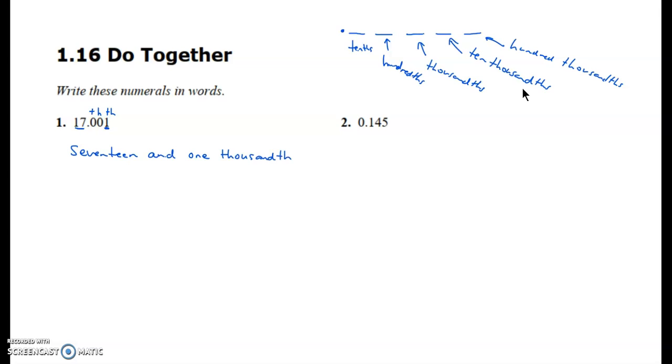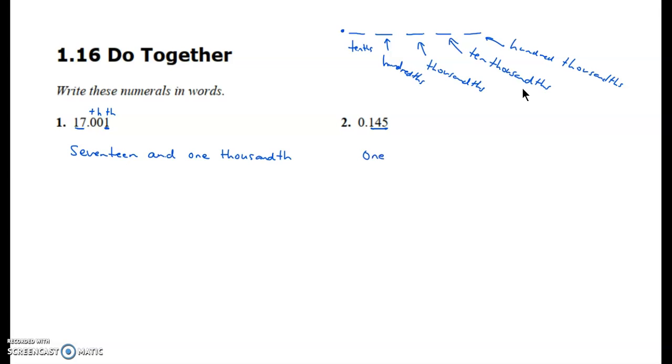17 and 1 thousandth. For number 2, we don't have any number at all on the whole number side, so we don't have to say 0 and. We can just completely ignore that, and we just go ahead and read this number. This is 145, and we're ending up in that third position in the thousandths place again.